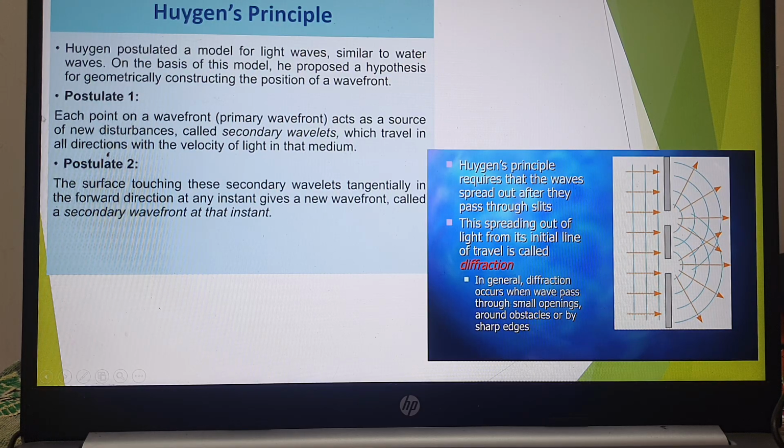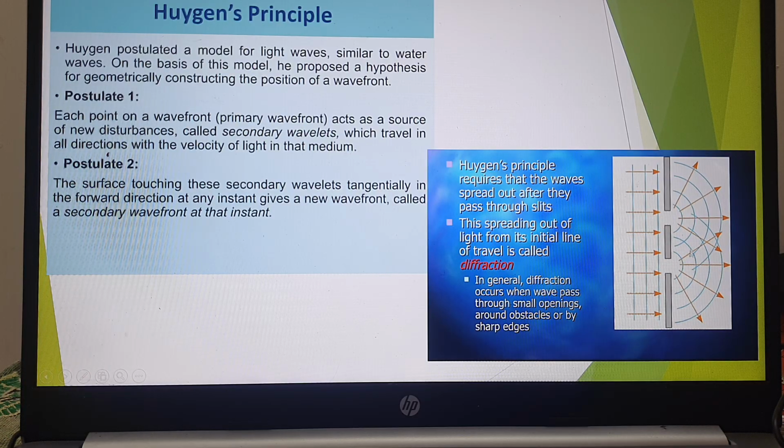Postulate 1: each point on a wavefront acts as a source of new disturbances called secondary wavelets. If you observe the diagram here, these are the wavefronts, and here are the two slits, two barriers or obstacles.